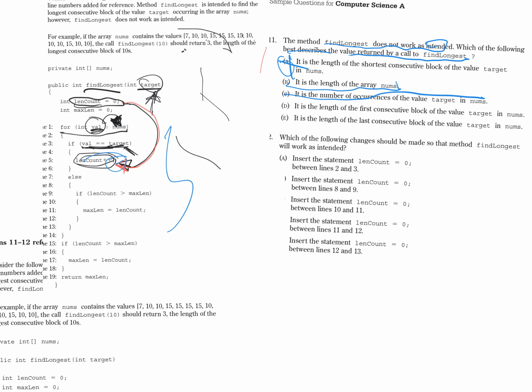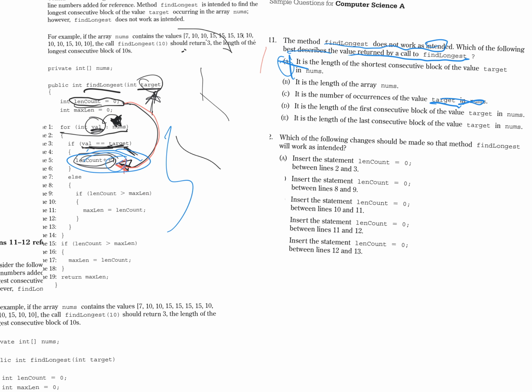Oh, sorry. Wrong one. So it can't be B. Let's keep going. C, the number of occurrences of the value target in nums. It looks like that might be it, because we are incrementing length count anytime the target matches the element in the array.